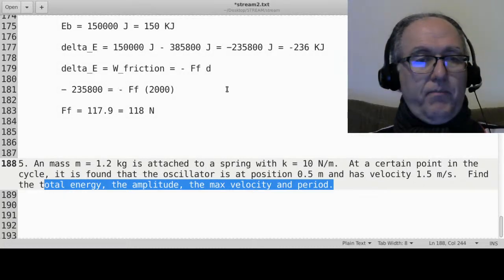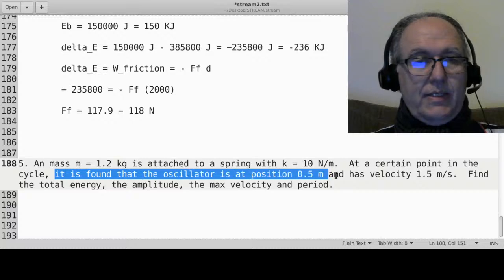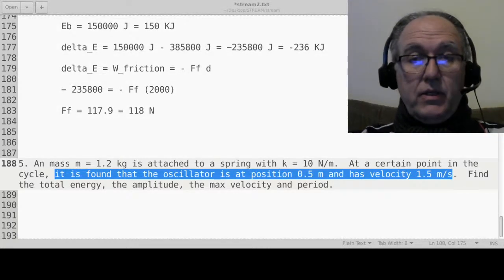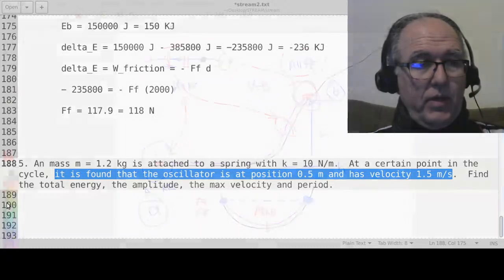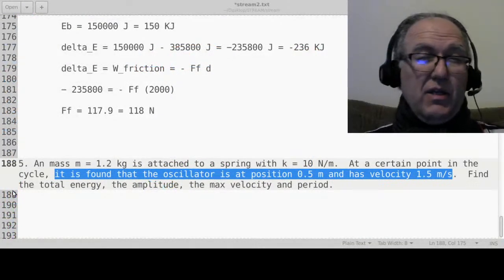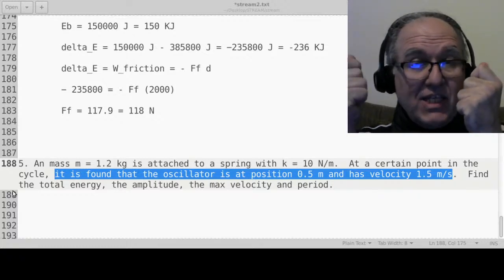All right, so the first thing you'll notice is that it's at an arbitrary point in the cycle. In other words, looking at the diagram right here, we're neither at the endpoints nor at the middle. We're at some arbitrary point, like where the black dot is. So you can't use the equation for the total energy at the endpoints, which is 1/2 k a squared.